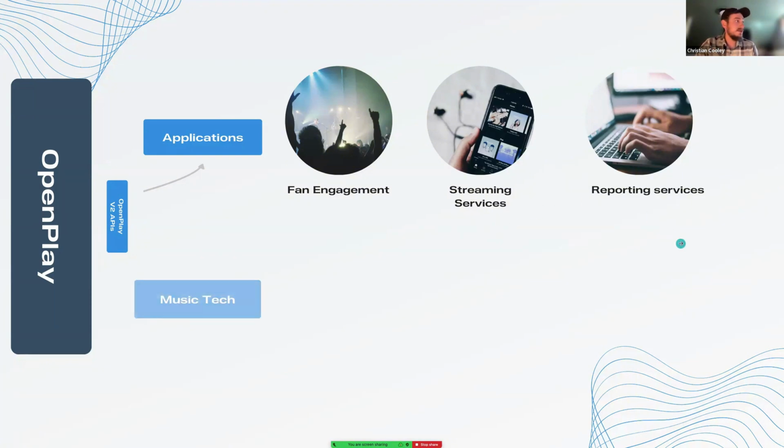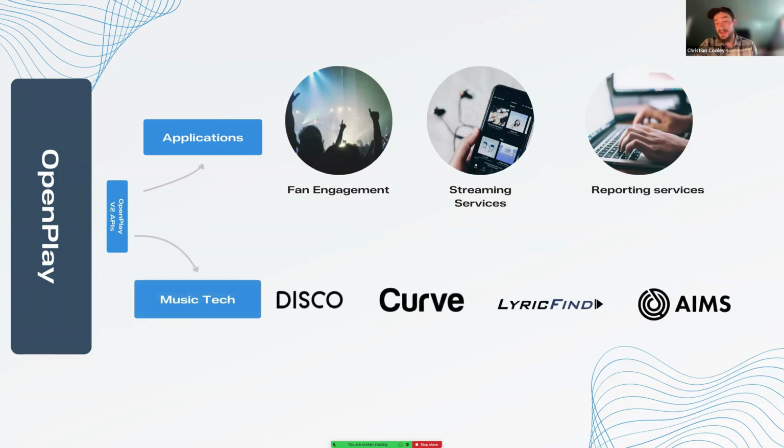On this next one, you're also going to see music tech, which I think all of us are very interested in and all of us are consistently looking towards. But whether it be a Disco, a Curve, a LyricFind, AIMS, there are so many amazing industry partners that we have already made integrations with, as well as would love to help you make integrations with, to be able to deliver your data and your content directly to them at the very inception of it.